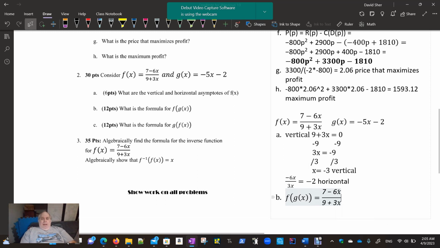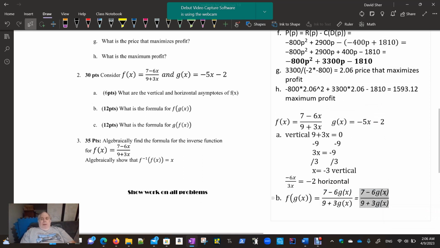Make sure you put in all g of x's. Now, instead of g of x, I'm going to put in the formula for g of x, and I've got to put it in parentheses.